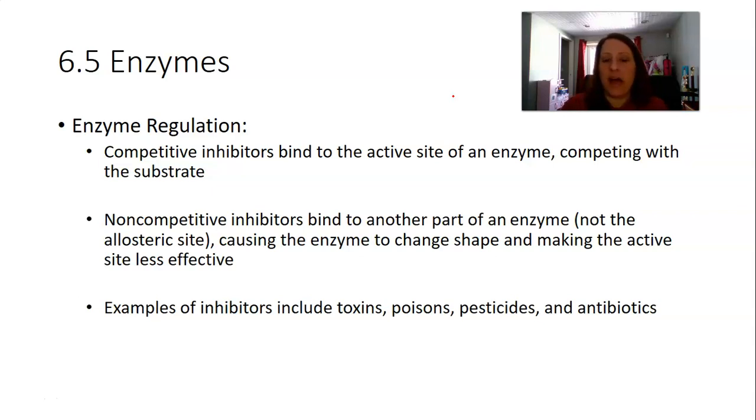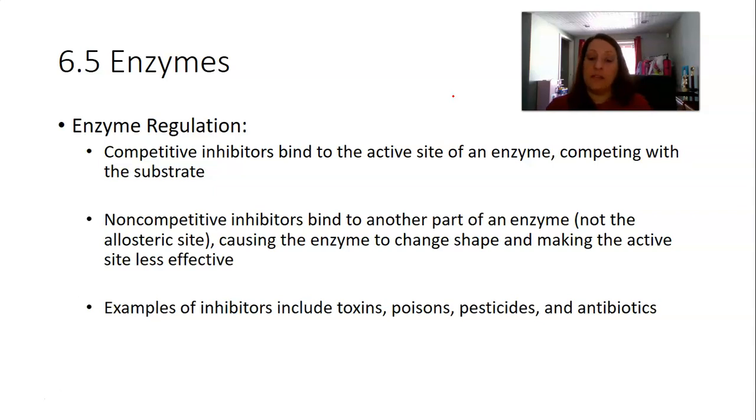On the other hand, a non-competitive inhibitor still inhibits enzyme activity, but instead of binding to the active site, it's going to bind to some other part of the enzyme, causing the enzyme to change shape and therefore making the active site not shaped correctly, and therefore the substrate cannot bind.